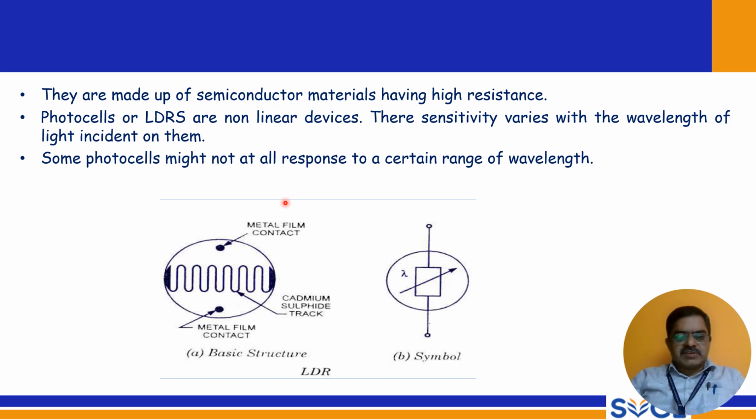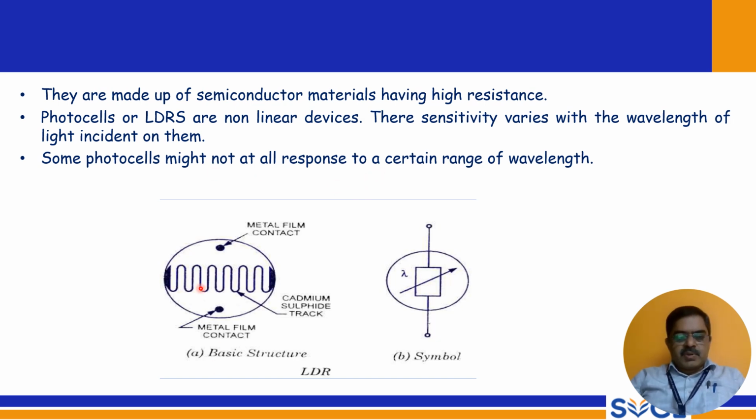They are made up of semiconductor materials having a high resistance. Photocells or LDRs are non-linear devices. These are not at all linear. Their sensitivity varies with the wavelength of light incident on them. Some photocells might not respond at all to a certain range of wavelengths.